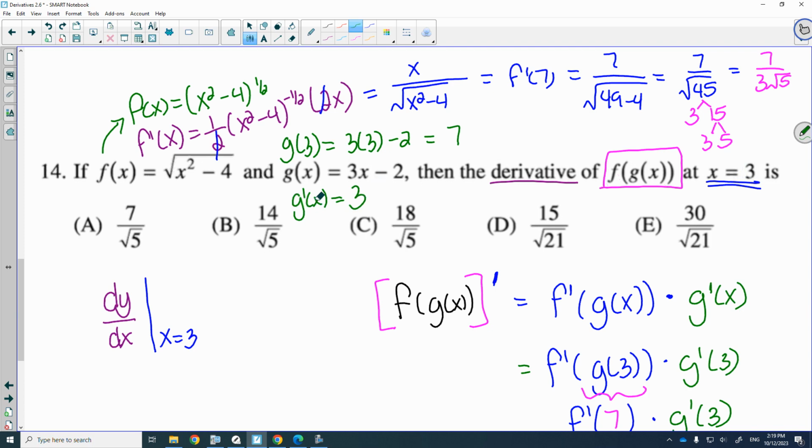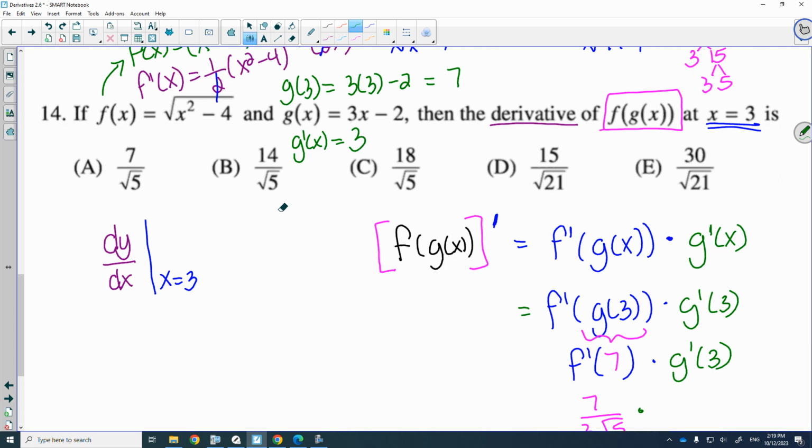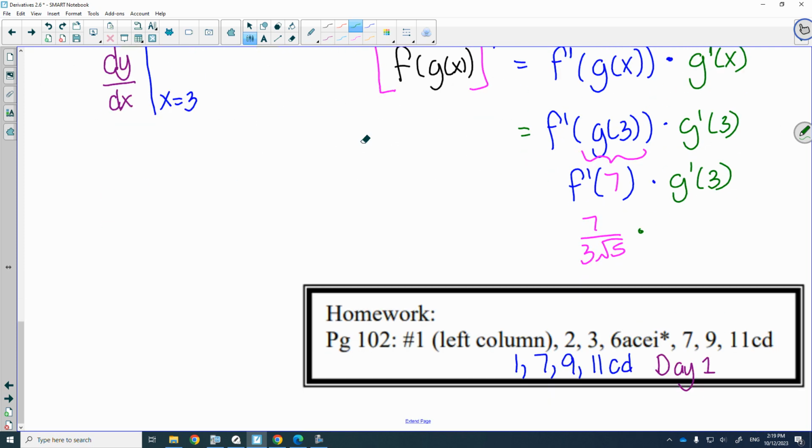So what that means is it doesn't matter what x value you put in here, the answer is going to be 3. So g prime at 3, like if I put in a 3 here, the answer is 3. Okay, so times 3. And then 3 over 3 would cancel, which would give me an answer of 7 over root 5.